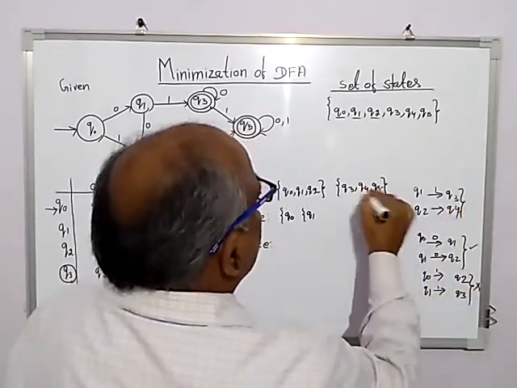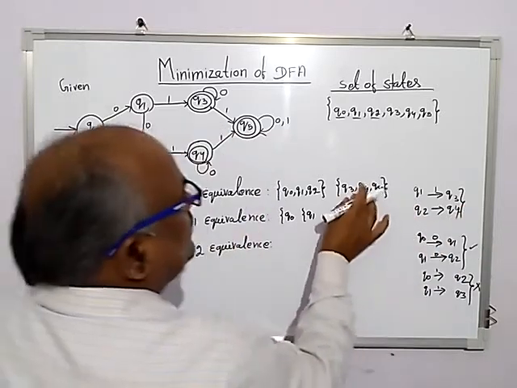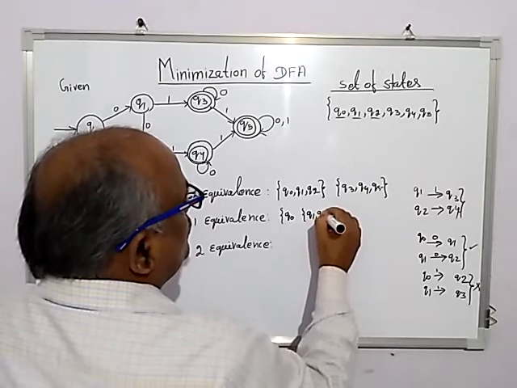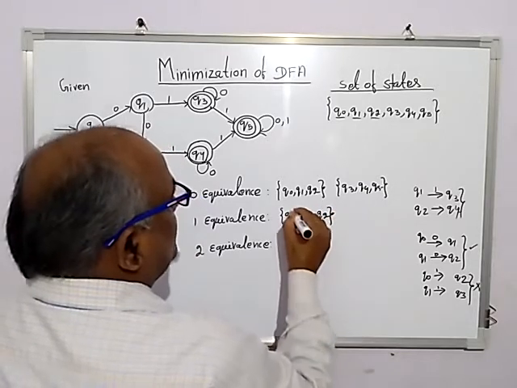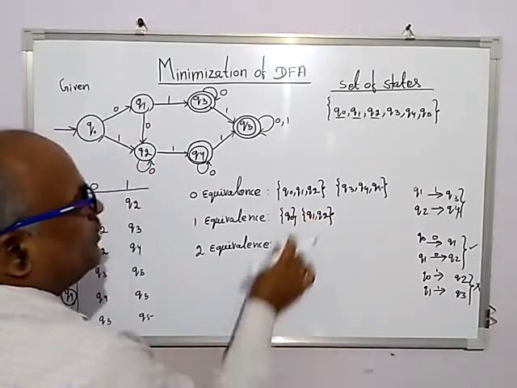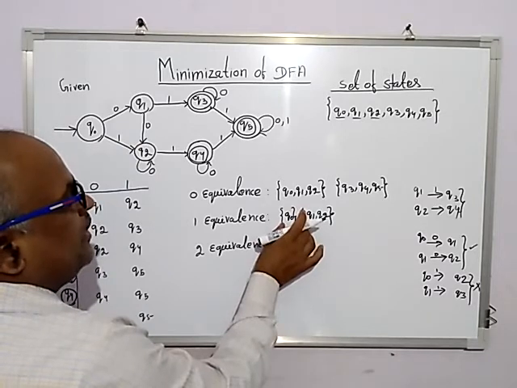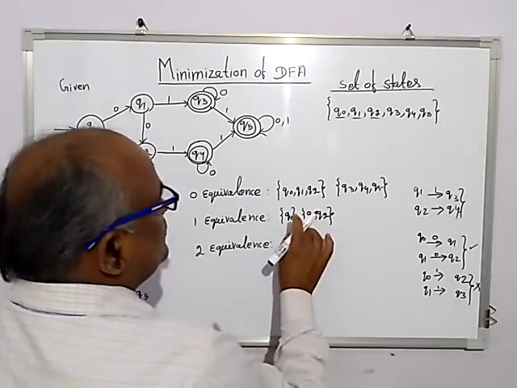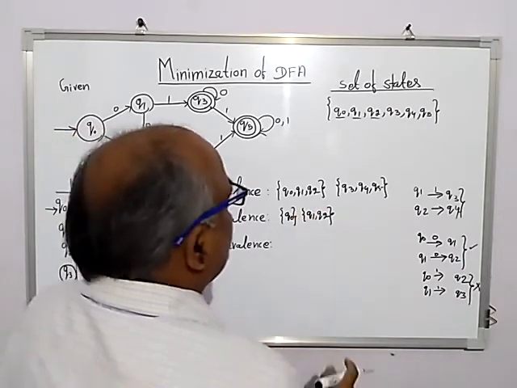So Q3 and Q4 are available in the same set. That's why Q1, Q2 are 1 equivalent, but Q0 is not 1 equivalent. That's why I have written it as a single state. So this is one subset, this is another subset.